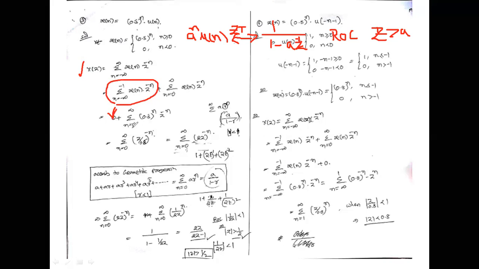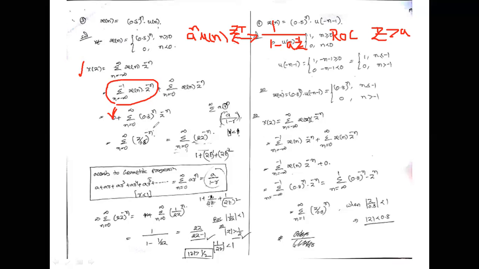And for 0 to infinity, 0.5 whole power n z power minus n, the u[n] value is 1. So, 0 to infinity, 0.5 to the power n and z power minus n.